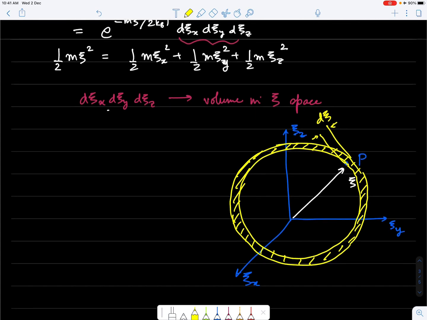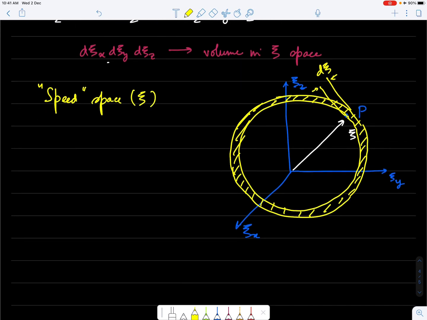So I will work in the speed space, which is the ξ space, and the volume of the shell will be proportional to ξ² dξ, because 4πξ² is the surface area of the inner sphere, and then you multiply by dξ, you get the entire volume.